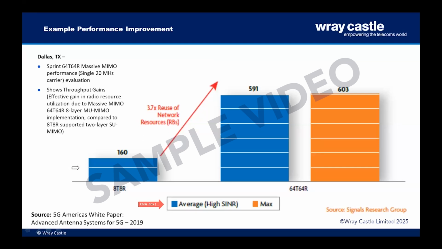Upon the left, we have a system with 8 transmit antennas, 8 receive antennas, and 2-layer single user MIMO, giving a capacity of 160 megabits per second per sector. That being really only achievable in that kind of bandwidth if your received signal is nice and high.